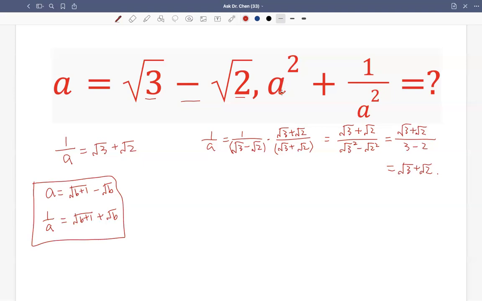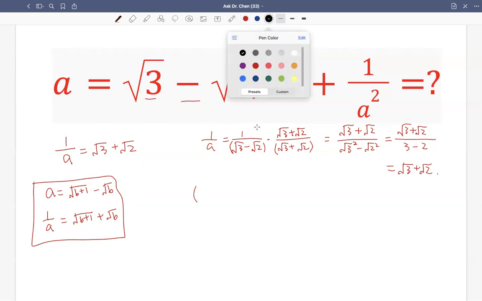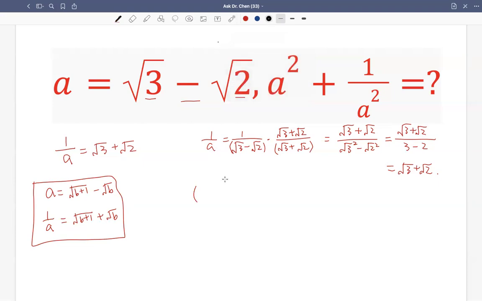And also remember, let me change my color. So now, also remember another feature, a plus 1 over a, squared.